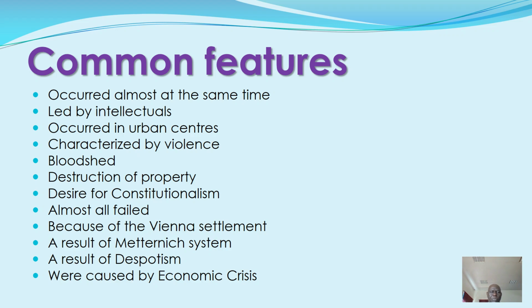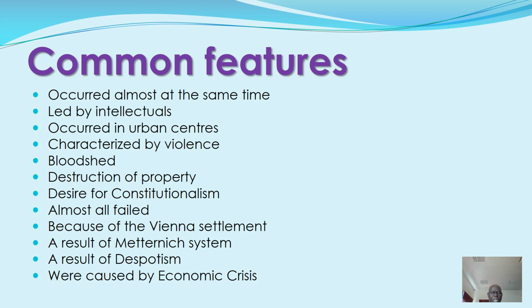For example, these revolutions occurred almost at the same time, and the revolutions were led by intellectuals, the educated people. We have given an example of Louis Kossuth, the example of Lamartine, the example of Garibaldi. These were educated people. Then these revolutions also occurred in urban centers.